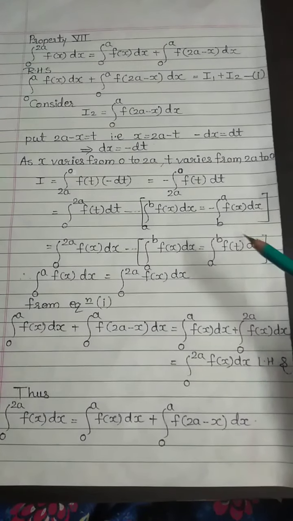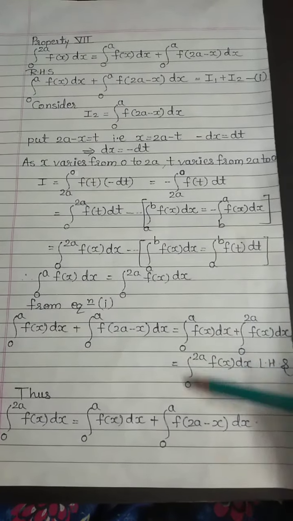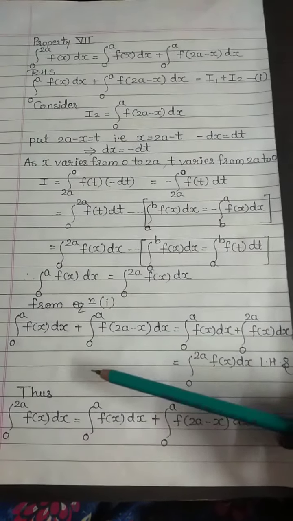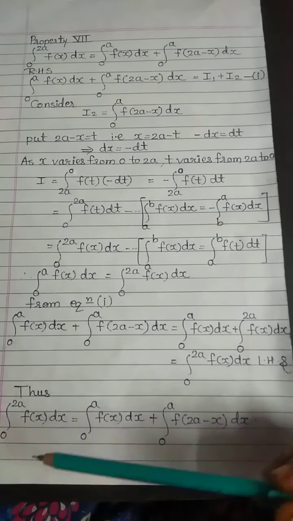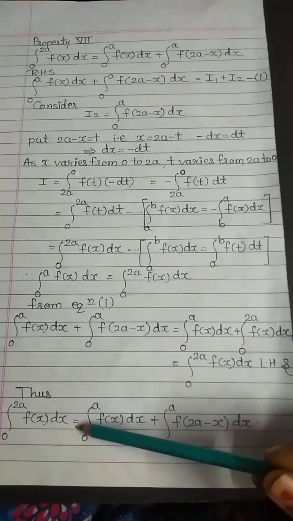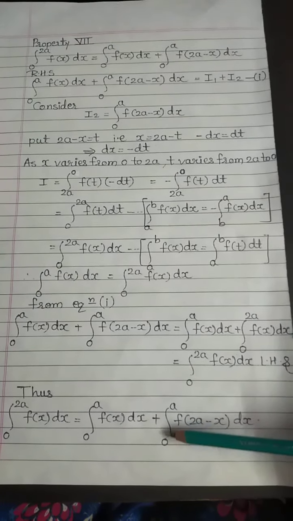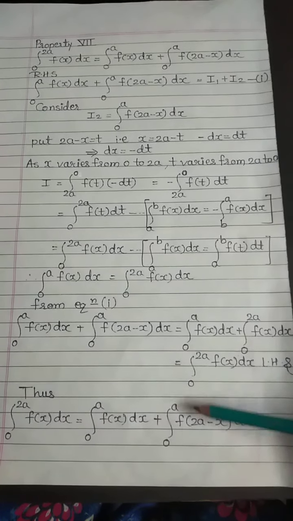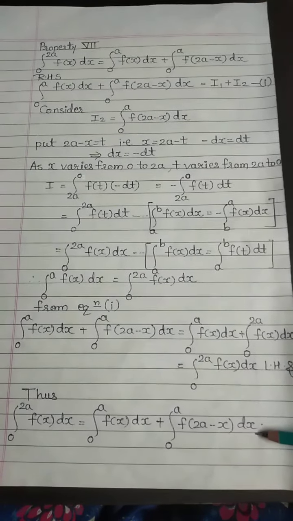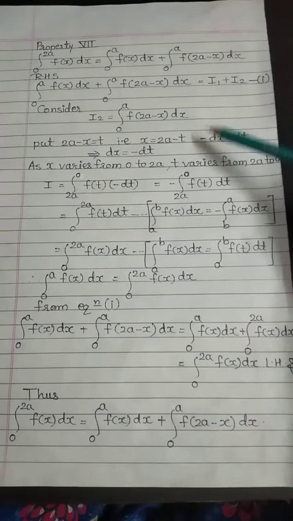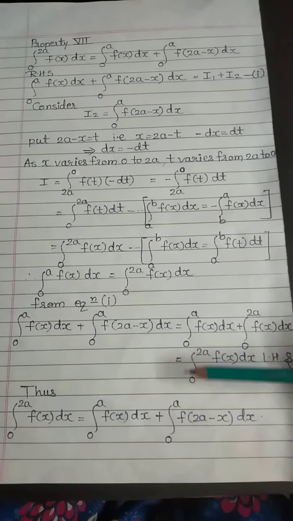And if you observe carefully, this is nothing but the LHS, and thus we can say that integration 0 to 2a f of x dx is equal to integration 0 to a f of x dx plus integration 0 to a f of 2a minus x dx. Now this is about property number 7.